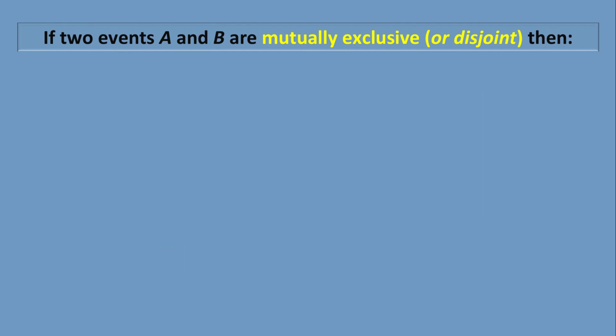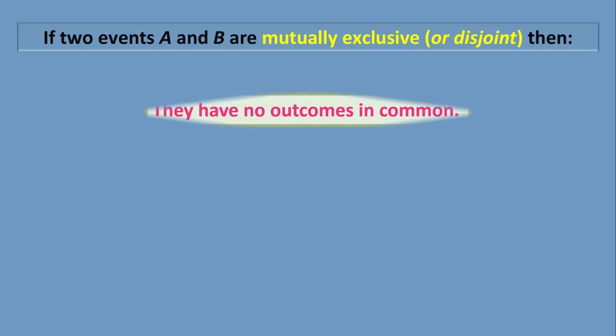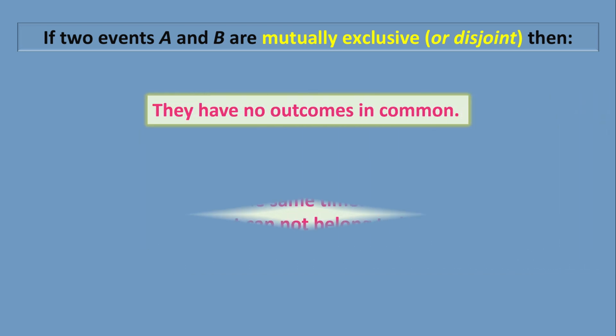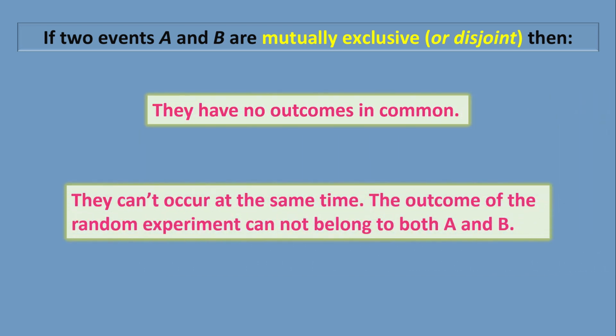If two events A and B are mutually exclusive, or we can say disjoint, then they have no outcomes in common. That means no common region. This is the Venn diagram for disjoint events. Again, we can explain in more detail. They can't occur at the same time. The outcome of the random experiment cannot belong to both A and B.